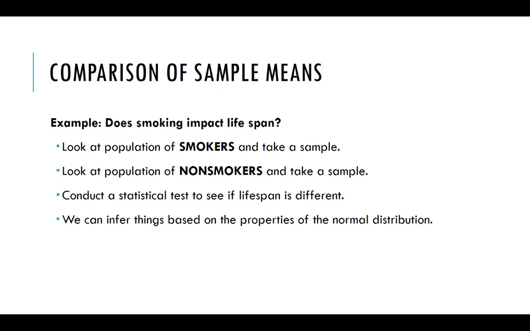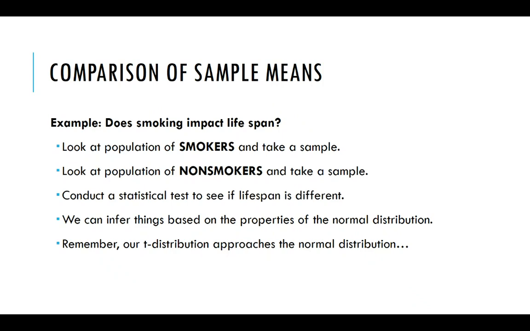Now, we can infer things based on the properties of the normal distribution, and we're going to be relying on that when we do hypothesis testing. Remember the t-distribution, which we've already talked about? Well, that was also a bell-shaped distribution, and it was one that helps us with smaller samples.